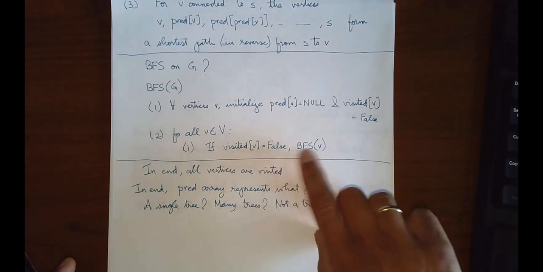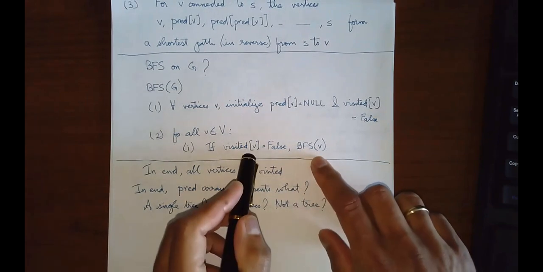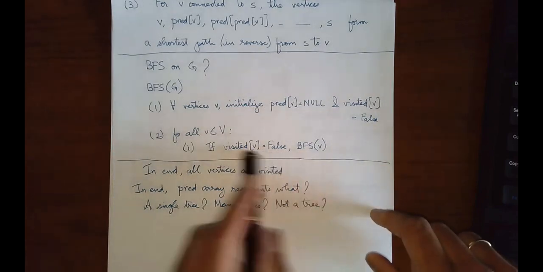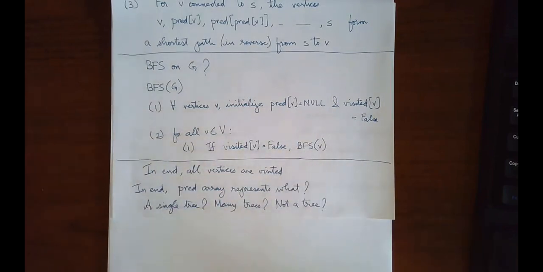What it does is it visits all the vertices, and once it visits a vertex, it's never going to call BFS from it ever again. Remember that visited array that just kept becoming true. Once a vertex is true, BFS never goes back to that vertex. That ensures that it never does the same crawl over and over again.